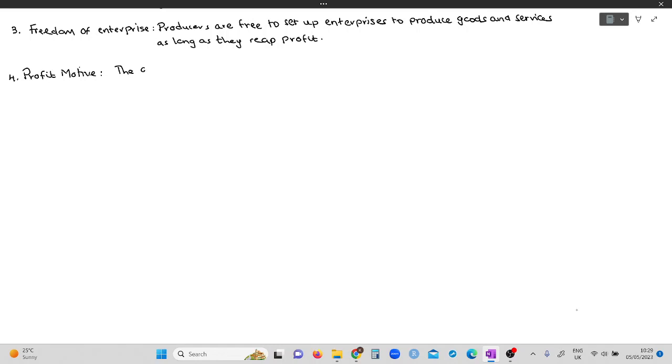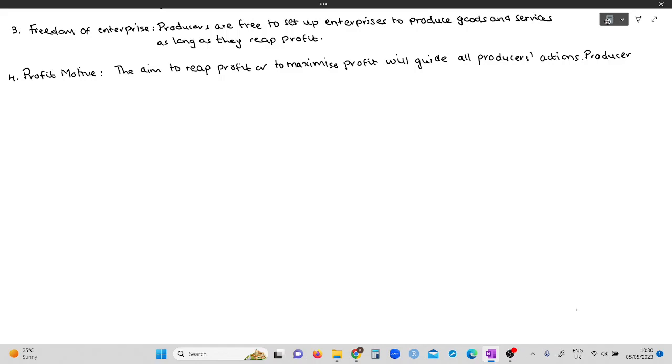So, the aim to reap profit or to maximize profits will guide all producers' actions. C'est une action qui dépend de la profit motive. Par exemple, si beaucoup de consumers sont contents d'un produit spécifique, je peux produire cette qualité de produit.